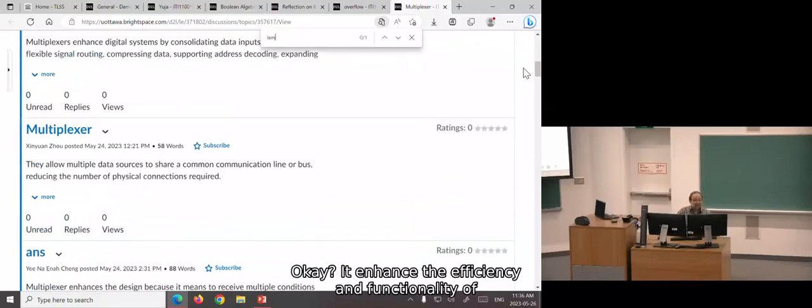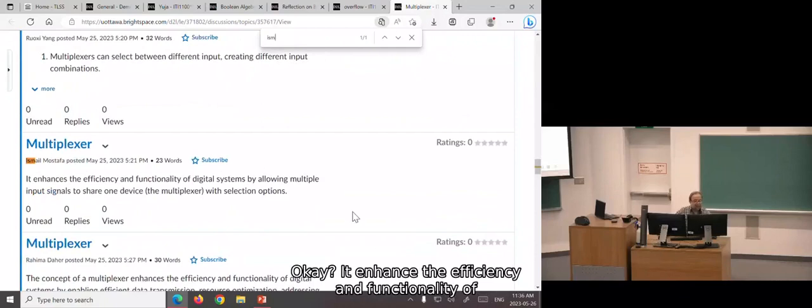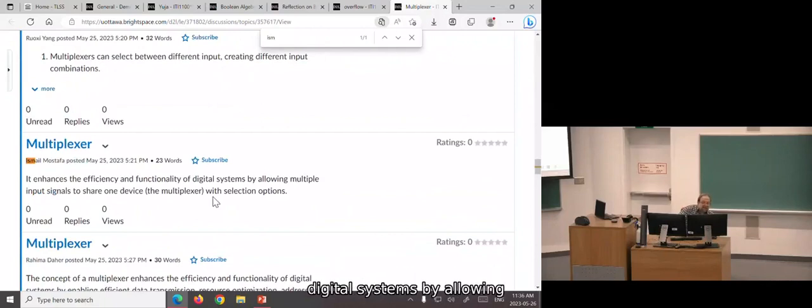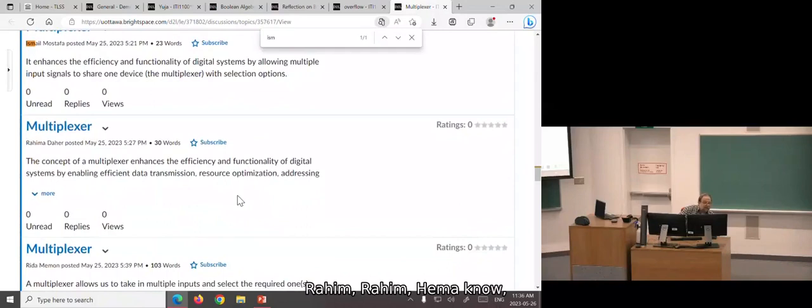Ismail says it enhances the efficiency and functionality of digital systems by allowing multiple input signals to share one device with selection outputs. Very good. So we have several inputs, and based on the select, we will use one of them as the output.